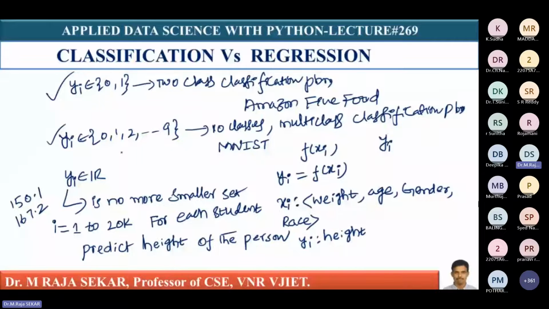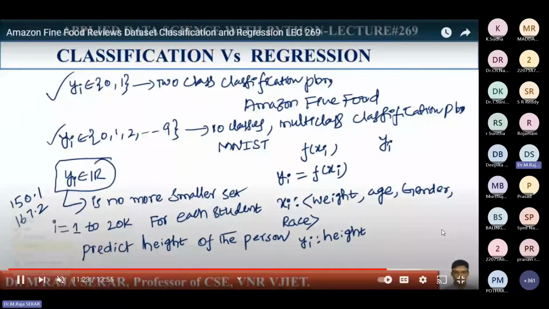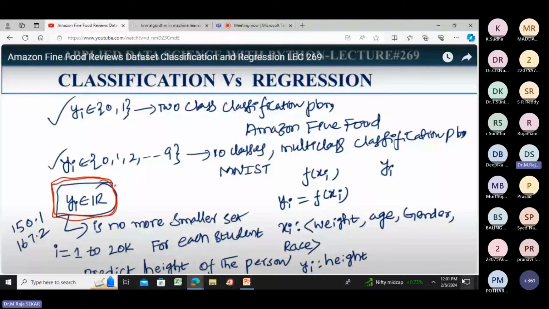Simply I can say, if yi belongs to the real number set, it is a regression problem. Otherwise, if you have classes in yi, I can say it is a classification problem.